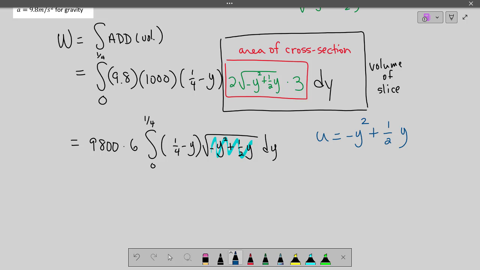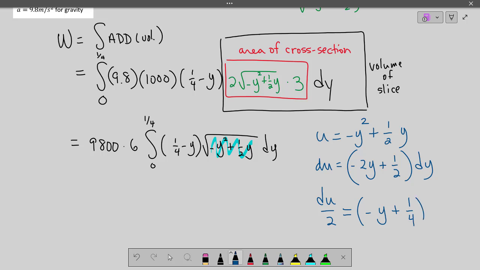Let's see. Derivative here, we would get negative 2y plus 1/2 multiplied by dy. Almost. If we divide both sides by 2, we get negative y plus 1/4 times dy.